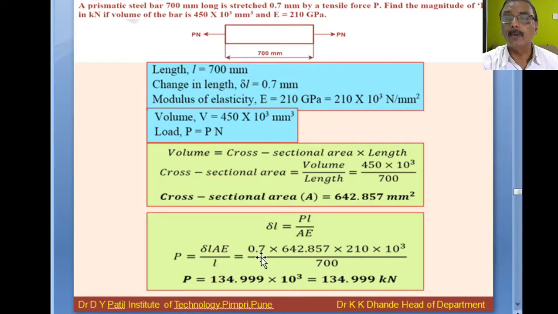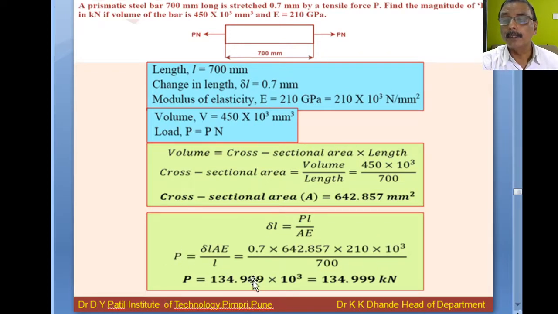Delta L is given to you, that is 0.7 mm. Cross sectional area we already calculated, 642.857. E is 210 into 10 raised to 3, divided by L. L means 700 mm, given in the numerical.